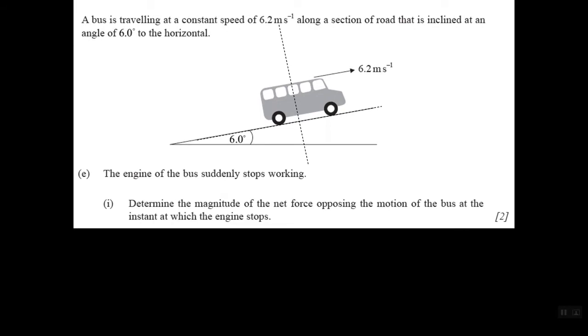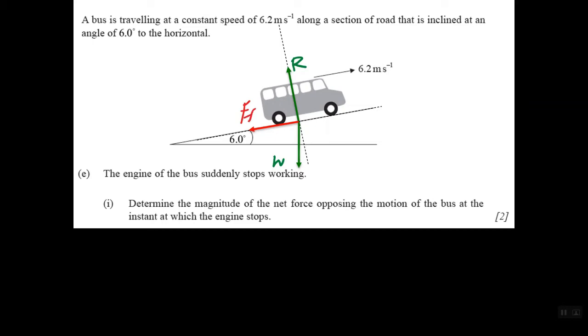E. The engine of the bus suddenly stops working. I. Determine the magnitude of the net force opposing the motion of the bus at the instant at which the engine stops. The moment the engine of the bus suddenly stops working, we have reaction force perpendicular to the slope, weight downward, and the friction force.